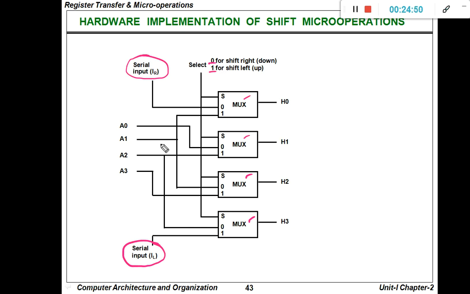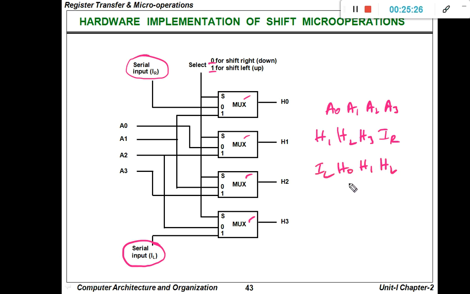So the A0, A1, A2, A3 values will be moved to either H1, H2, H3 or H0, H1, H2, and the remaining bit will be filled with IR as well as IL.